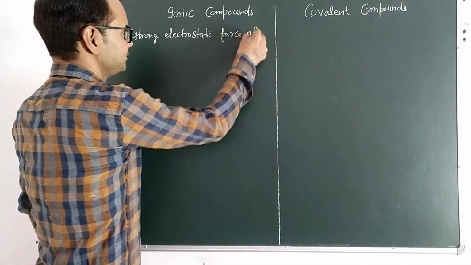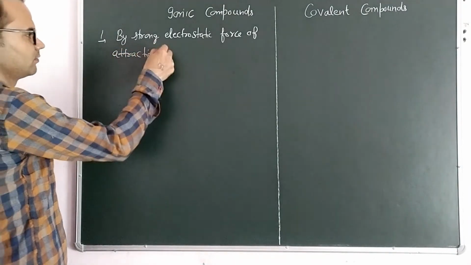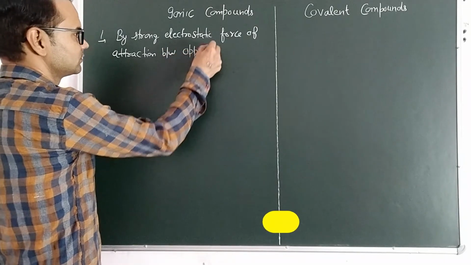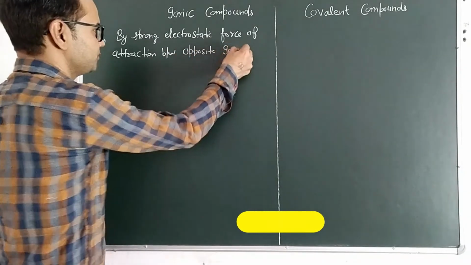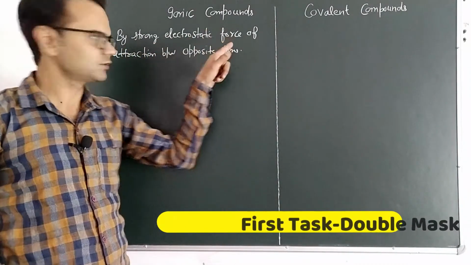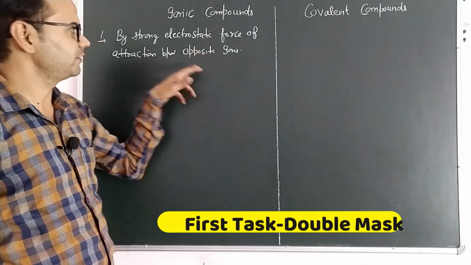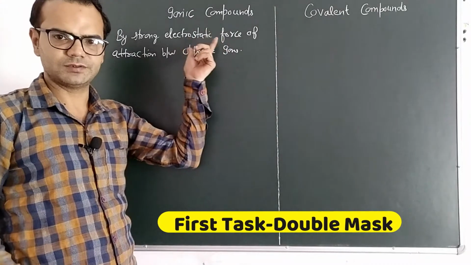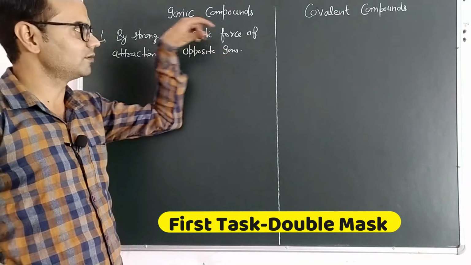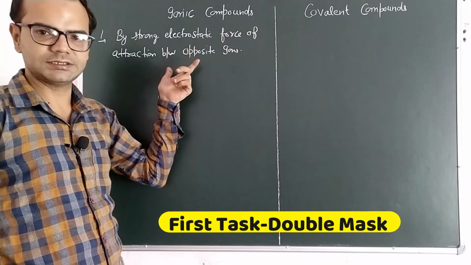If ions are oppositely charged, there will be an electrostatic force of attraction, and it is a strong electrostatic force of attraction. So ionic compounds are strong. They require high energy to dissociate.